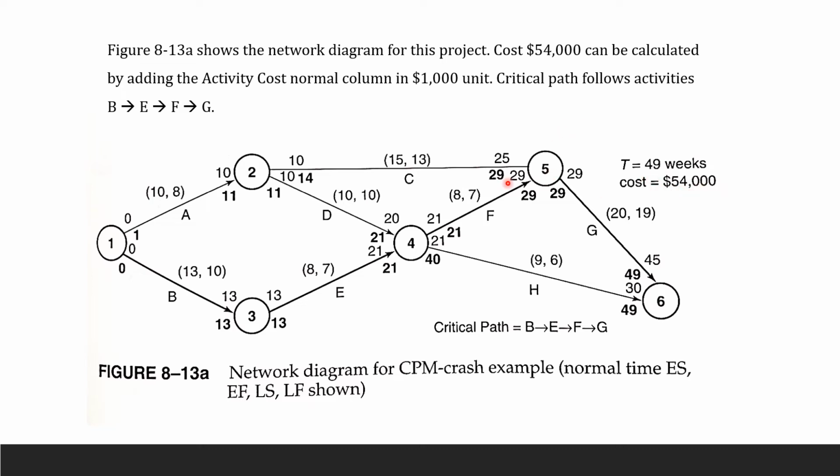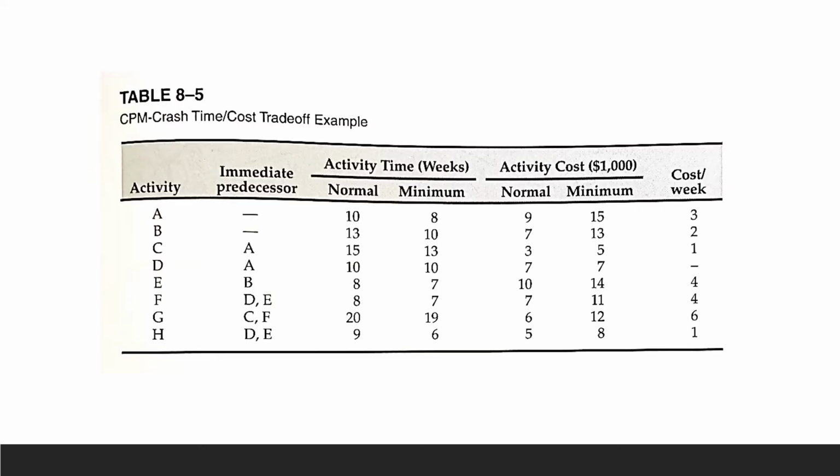So now we're going to play between time and cost. Here I want to show you your activity, and this is in thousands. When you look at it here, you're going to see that's 9,000, that's 15,000, 13,000, and so on. Here that's 6,000, and this one is 12,000.